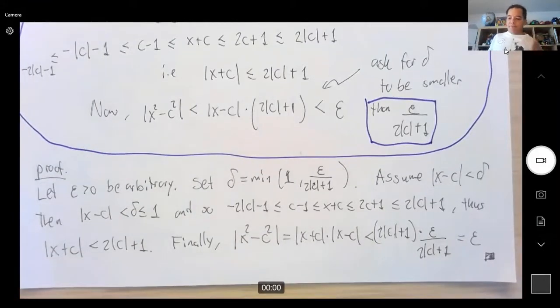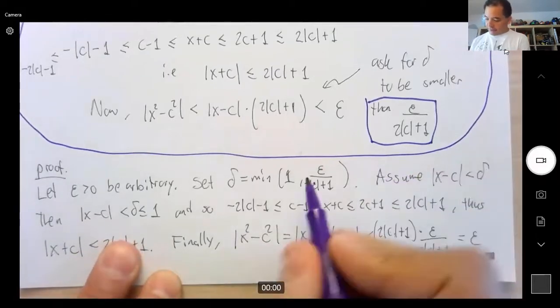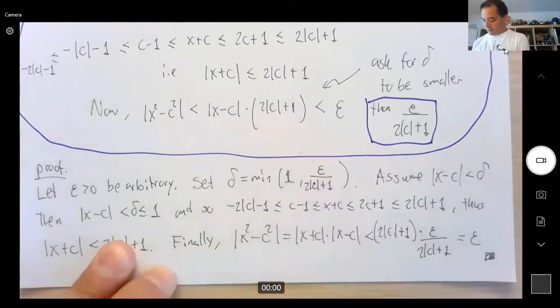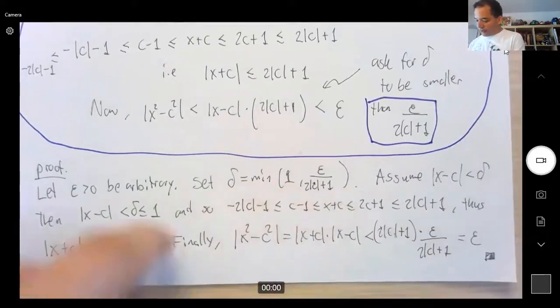Now, why are we doing this? In addition to practicing doing some continuity problems, well, look now at the delta here, right? What was the delta that worked here? Here is the delta. So here delta was the smaller of 1 and this other number.